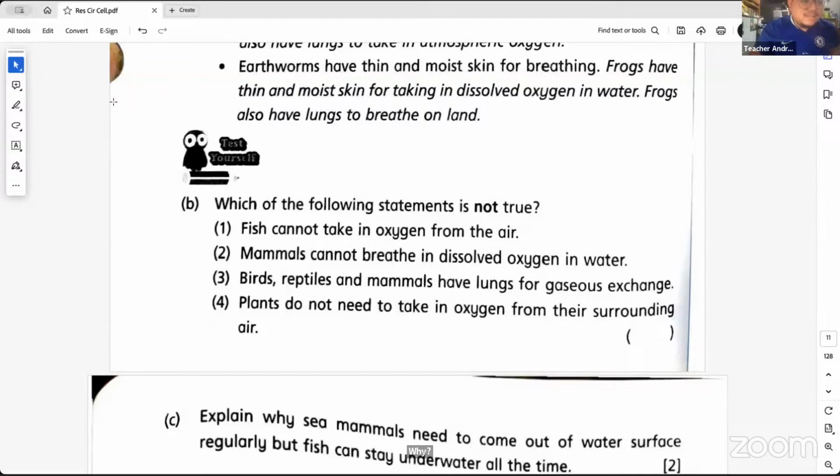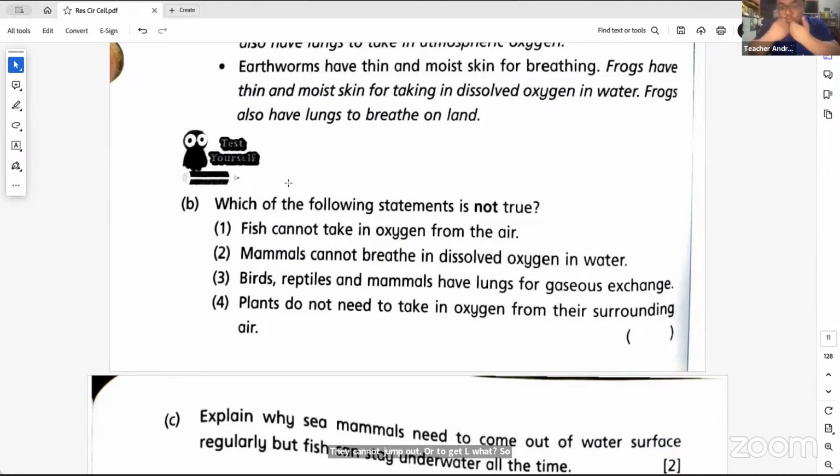Every living thing needs oxygen to live. Yes, number one, fish cannot take in oxygen from air because fish are underwater and they cannot jump out to get air.